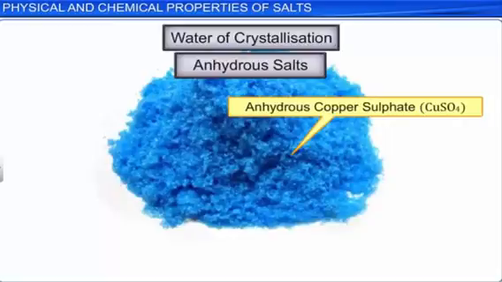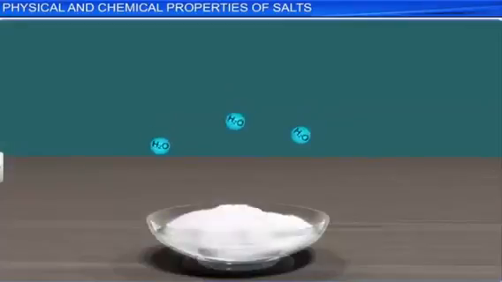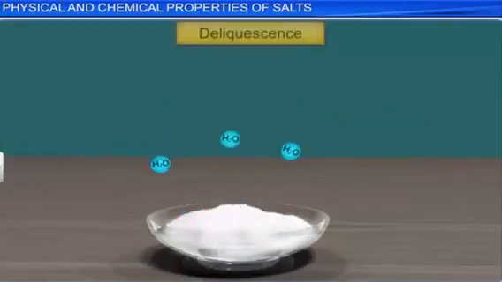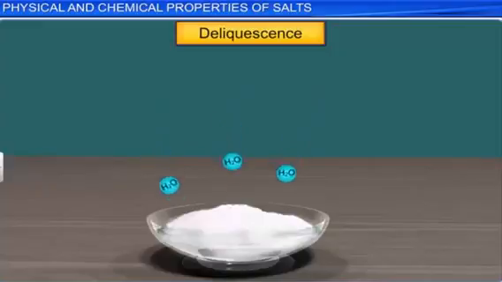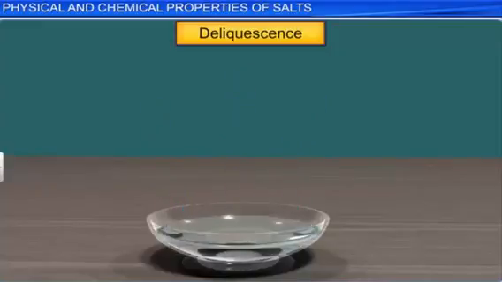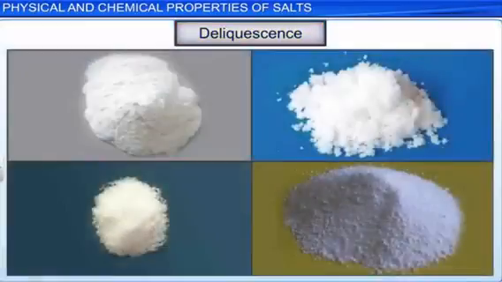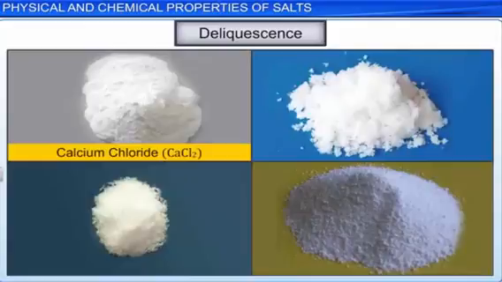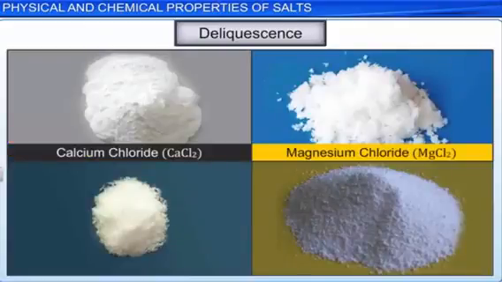Another property of salts is deliquescence. It is the ability of some salts to absorb moisture from the atmosphere, dissolve and change it into a liquid. For example, calcium chloride, magnesium chloride, zinc chloride, and potassium carbonate.